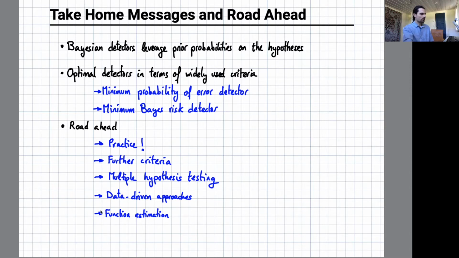Also, we assumed that the data and the parameters that we wanted to estimate were vectors, right? All these approaches would apply in the same way for estimating matrices or tensors or any object in a finite dimensional space, right? But estimating functions is something fundamentally different.